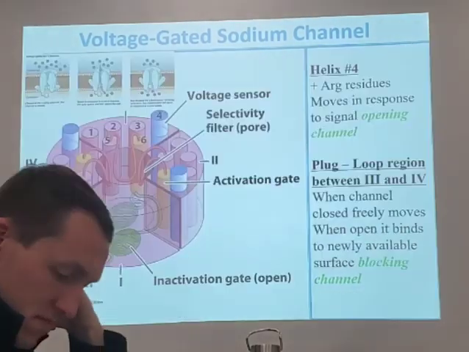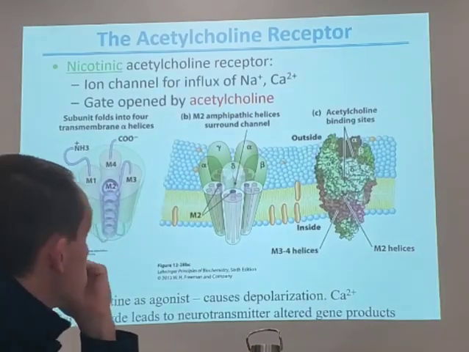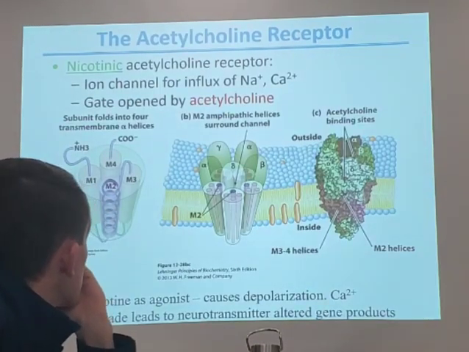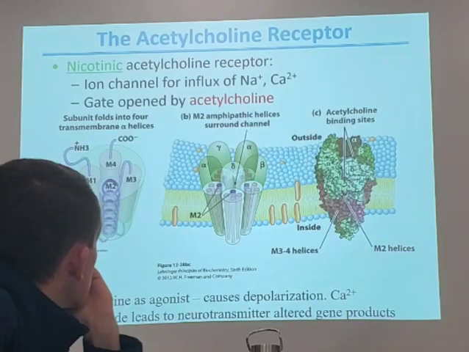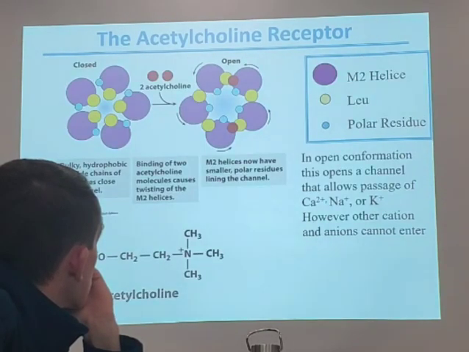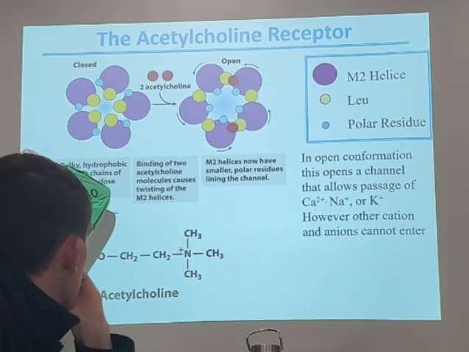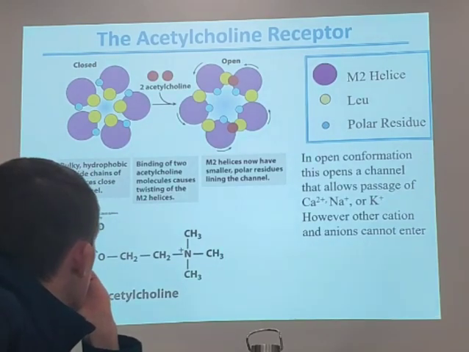We also talked about the nicotinic acetylcholine receptor, and in doing that one, we found the acetylcholine, which had, what's the charge on the nitrogen on the acetylcholine head group?